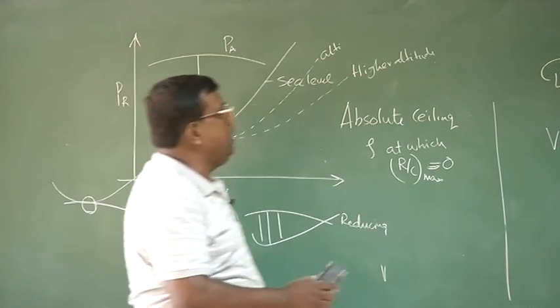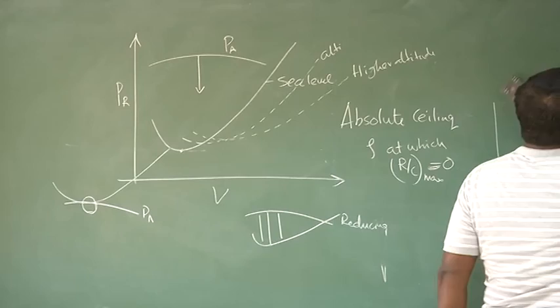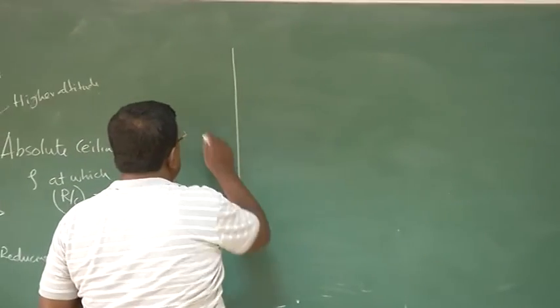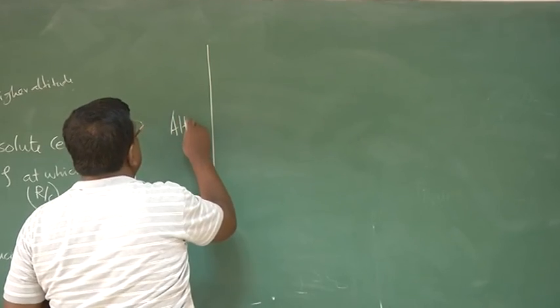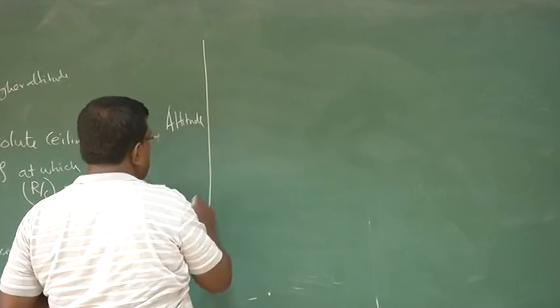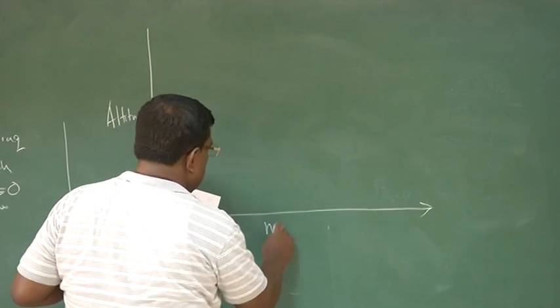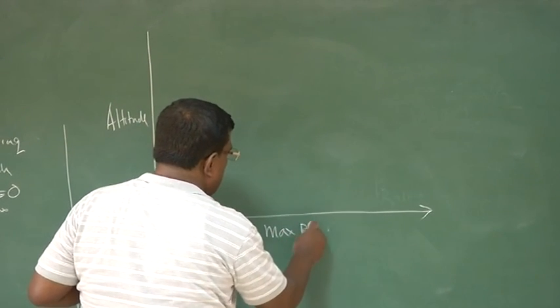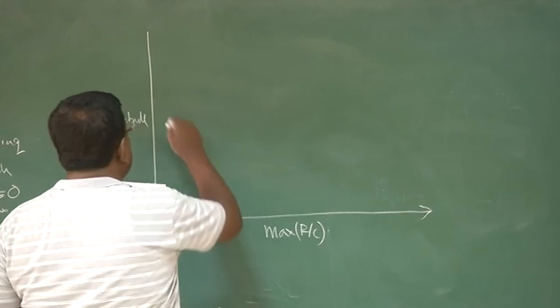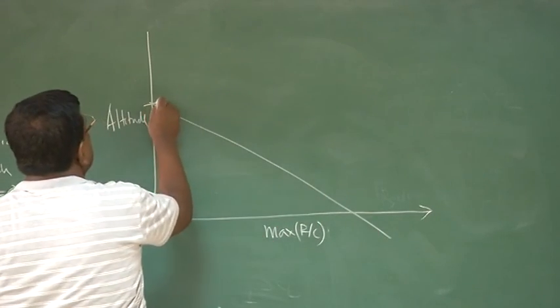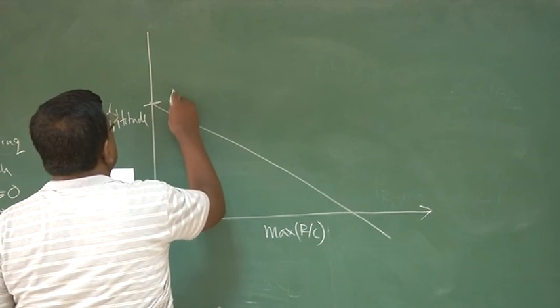So how is it generated? If I draw a graph, this is altitude, and this is maximum rate of climb. The graph is something like this. Here, this altitude is called absolute ceiling.